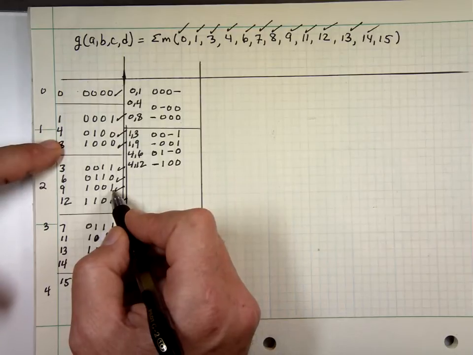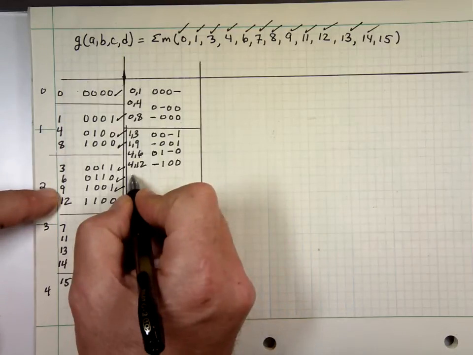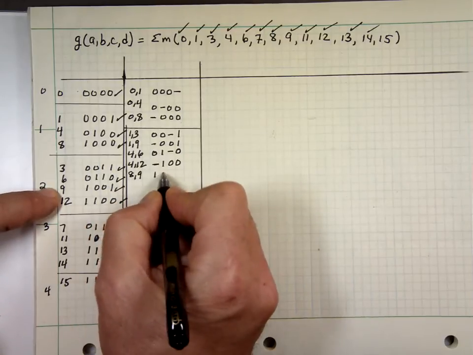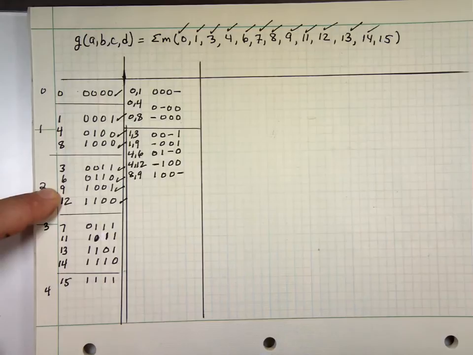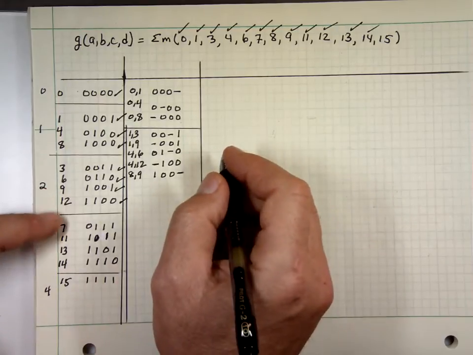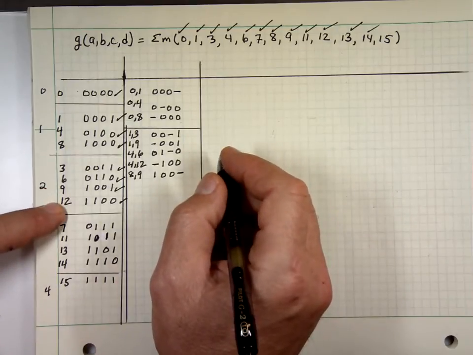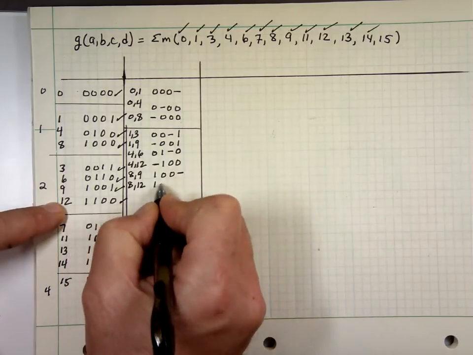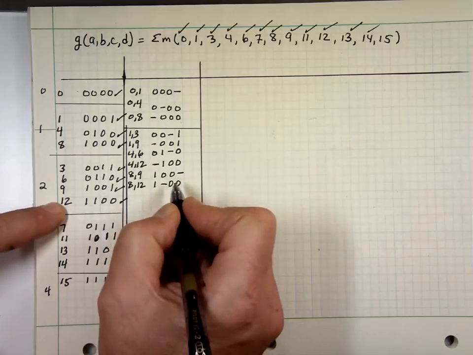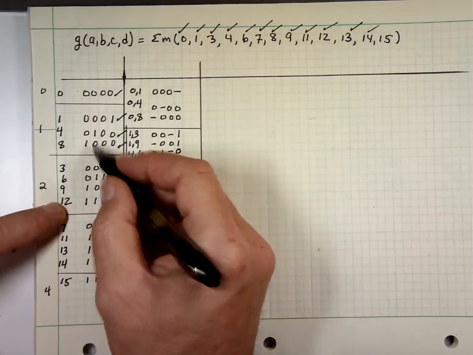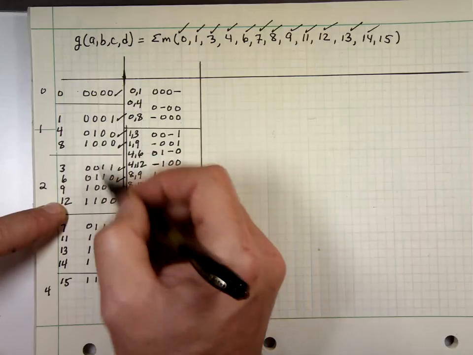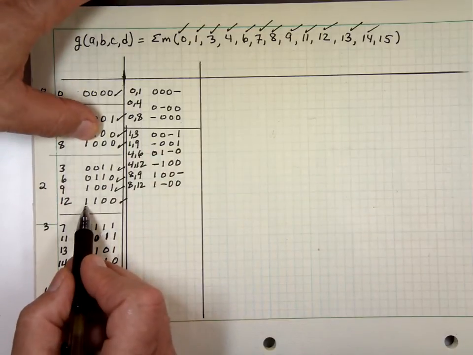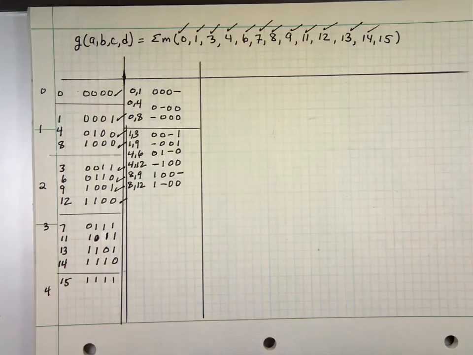Yes. 1, 0, 0 dash. And 8 and 12. 1 dash 0, 0. 8 and 12, right? And again, turn away from it, look away.